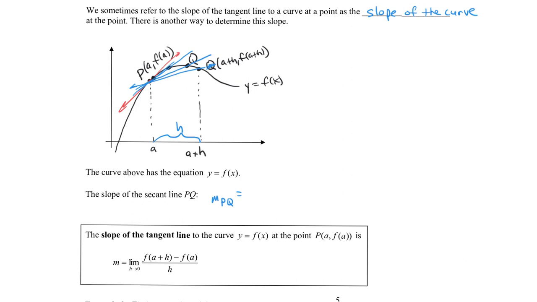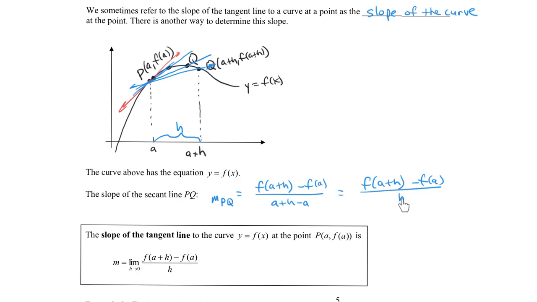So that would give us f of a plus h minus f of a all over a plus h minus a, which of course cleans up to f of a plus h minus f of a all over h. And this is something you may have seen before. A lot of times in pre-calculus, you'll see something like this. Sometimes they'll call it the difference quotient.